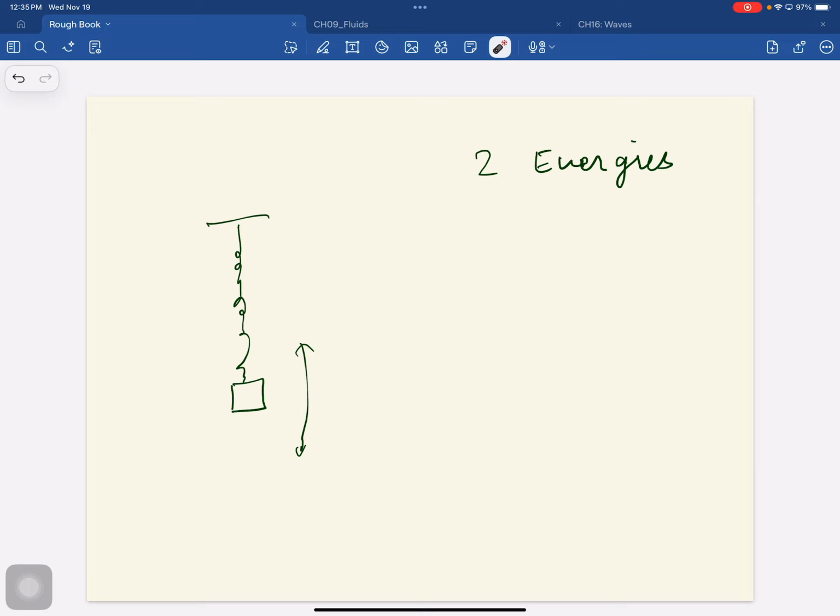For a simple harmonic oscillator, what you need is, if you disturb the system from its equilibrium position, there needs to be a restoring force, and the restoring force needs to be proportional to the displacement. That's a simple harmonic oscillator.